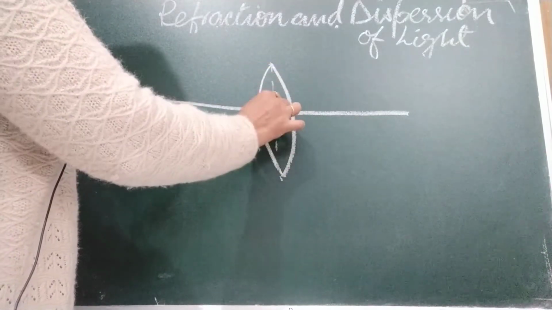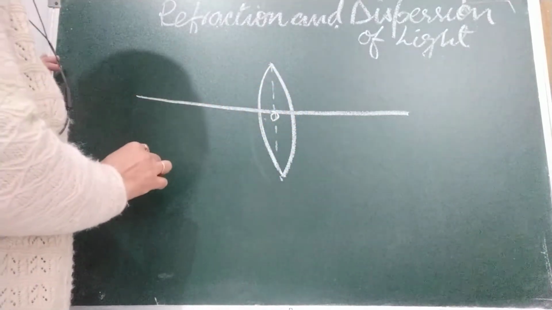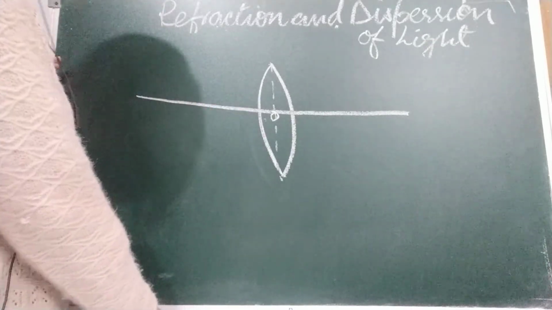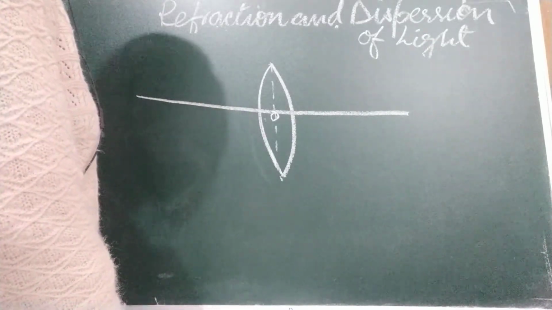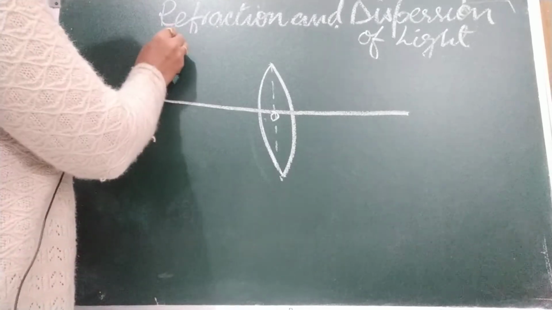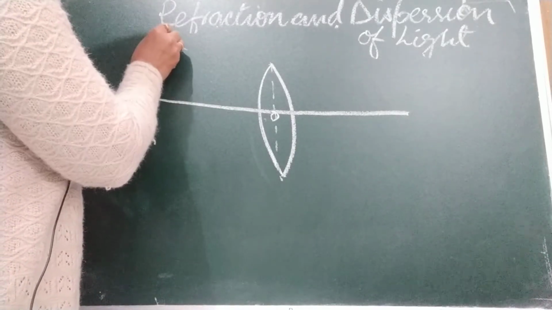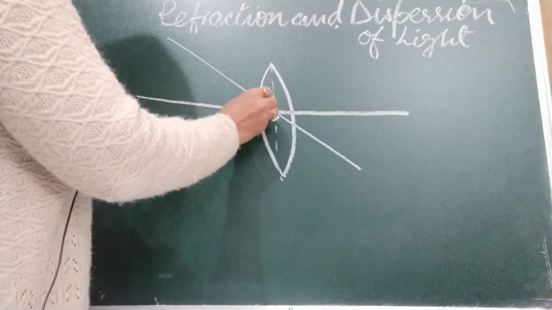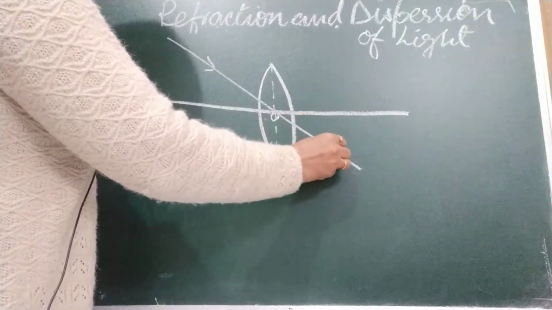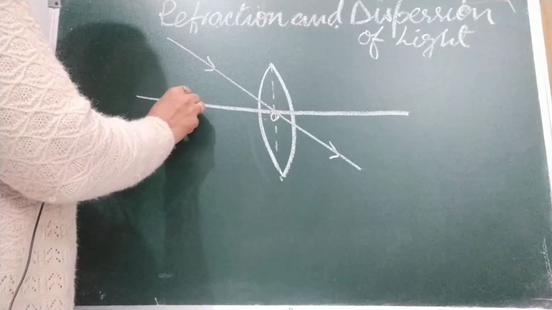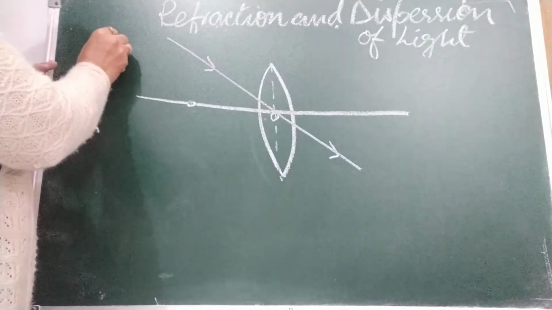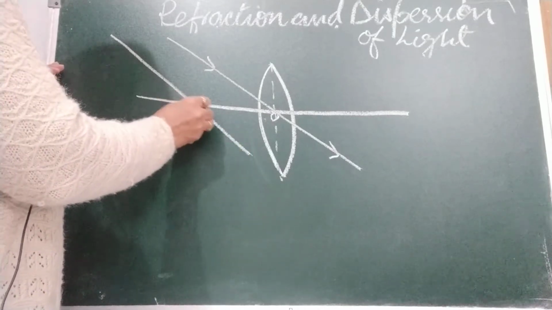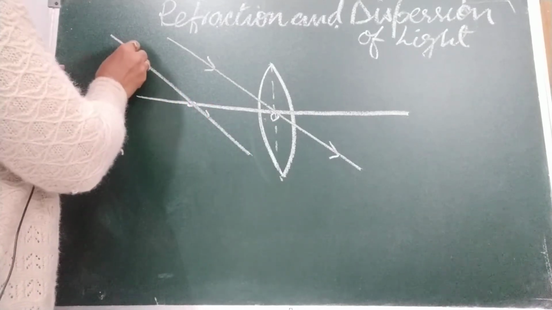This is O, the optical center. The rays are coming from very far, meaning infinity. The object is at infinity. So the first ray, as I told you, will pass through the optical center without any deviation. And since it is coming from very far, it will pass through this focus.